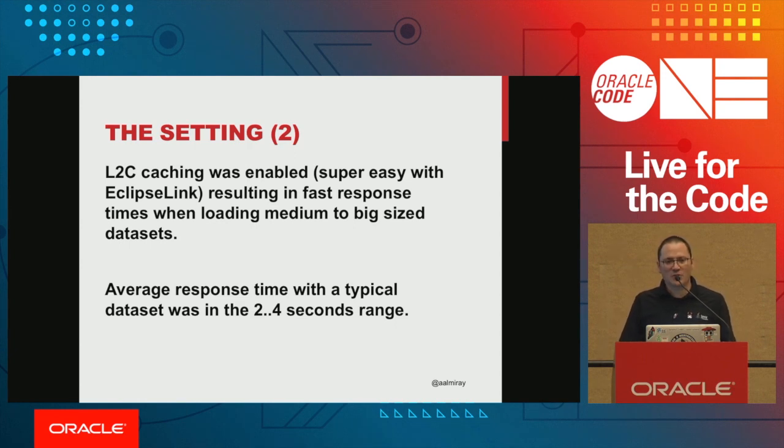When we measured the performance of this second level cache in EclipseLink, we were within the 2 to 4 seconds range, querying thousands and thousands of elements. So the response that we were getting out of the system was pretty good.